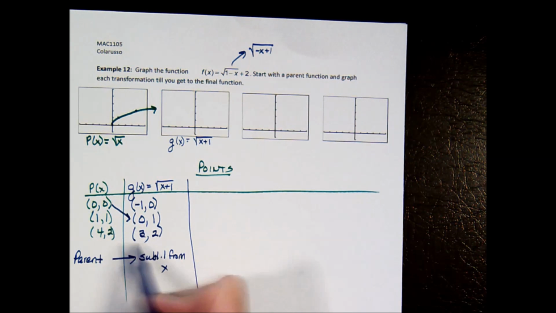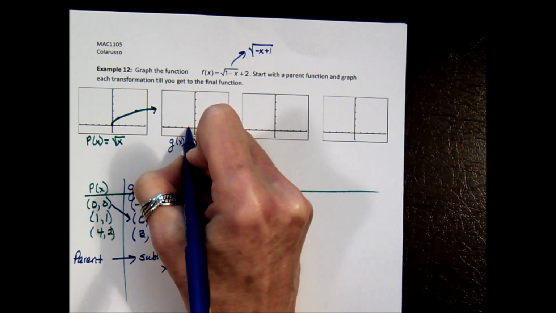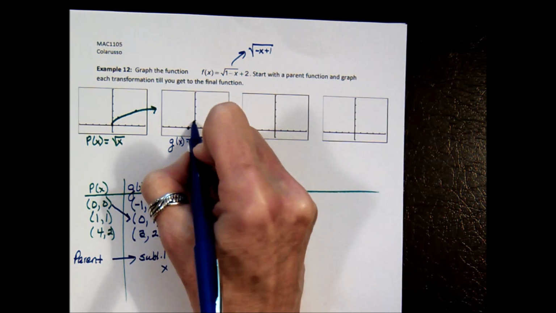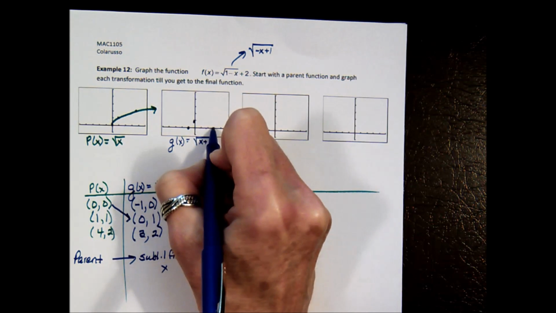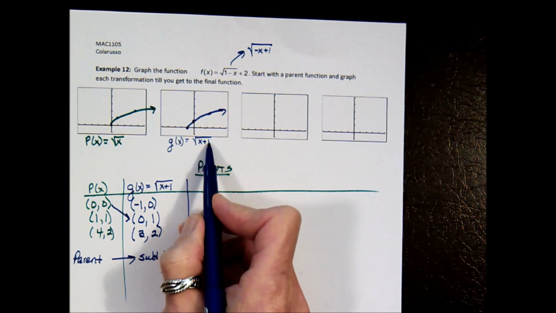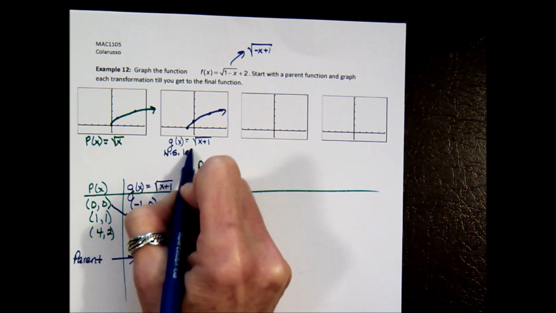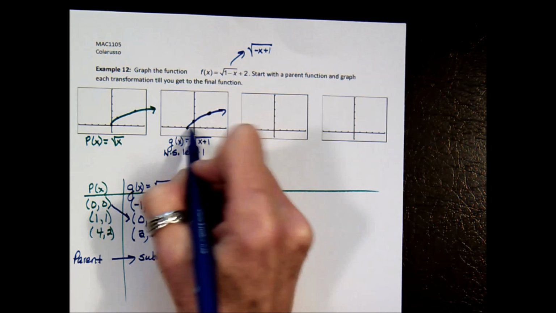So I now have the points (negative 1, 0), (0, 1), and (3, 2). So now it looks like this. And we know that because when you add something inside, we know that's a horizontal shift left 1. You can prove that in your graphing calculator if you don't believe it.